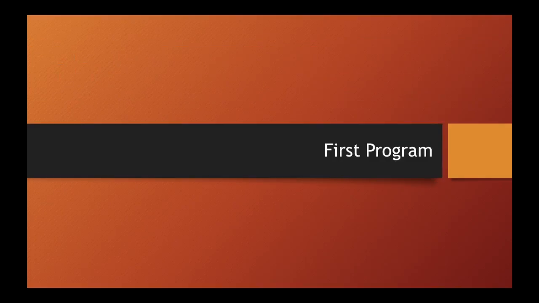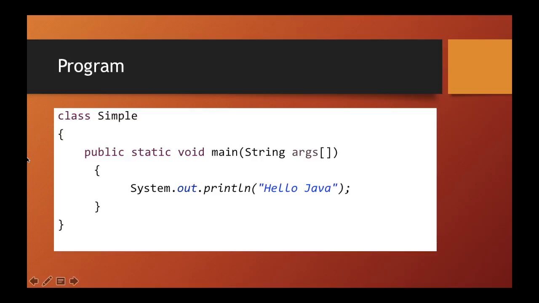So this is the first program. I told you class simple. Now tell me, what is the name of the file? Since the main method is inside the class, the file name must be simple.java. Here we have public static void main string args, System.out.println hello Java.